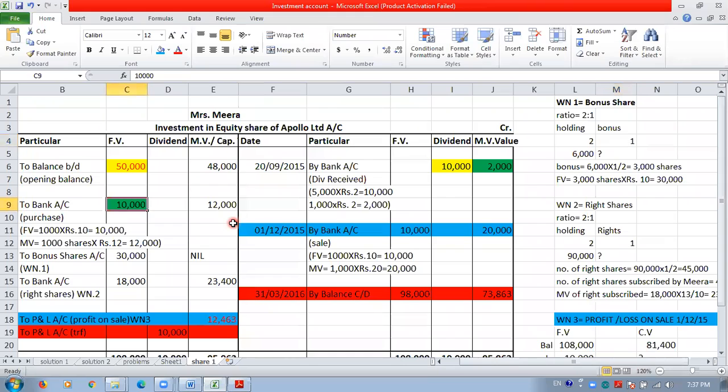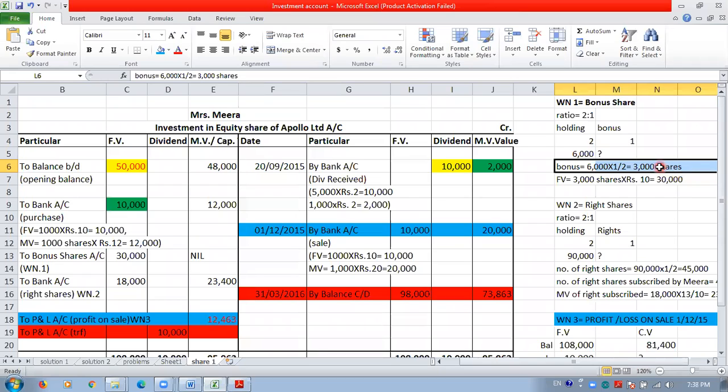Because the face value of each share is 10 rupees. So 6,000 is the number of shares which she holds on the date of announcement of bonus. So we have to do the cross multiplication, right? So for cross multiplication, we simply multiply 6,000 with 1 and divide by 2. So we will get 3,000 as the bonus share number.